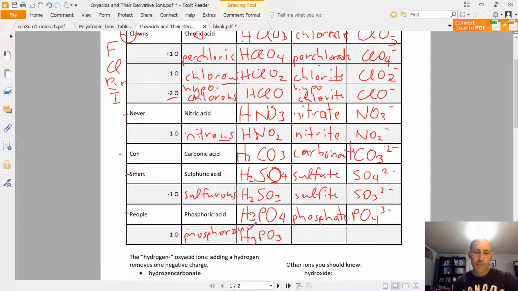Sorry about the messiness. Phosphorus acid. And the ion will be PO3 with a negative charge, and it's going to be called the phosphite ion.